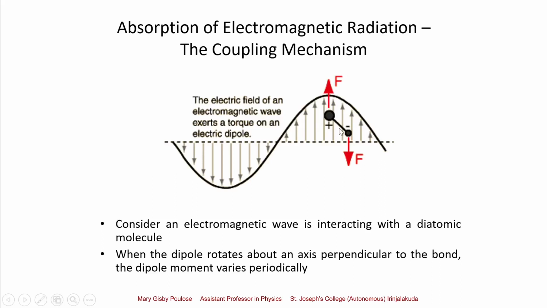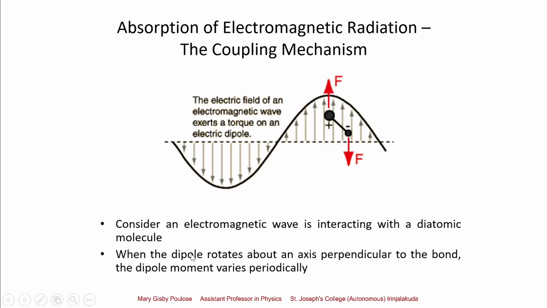But if the molecule is rotating about an axis passing through the screen, this dipole will continuously change its position. It will rotate in this manner. So this positive center will become negative and this negative center will become positive. Again, it will change, alternate. That will produce a dipole moment change, and that produces a rotational spectrum.